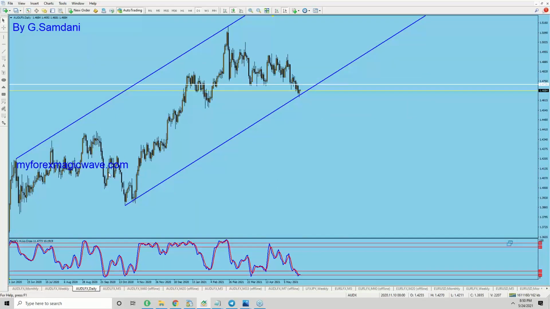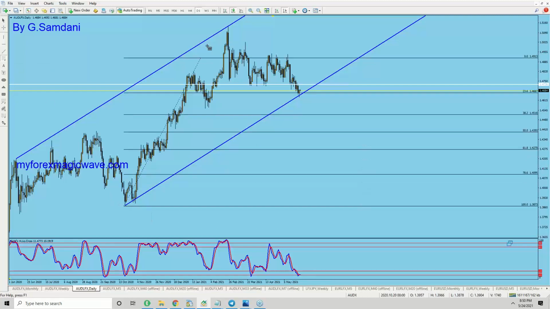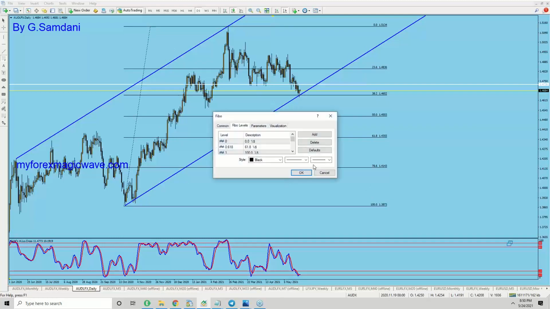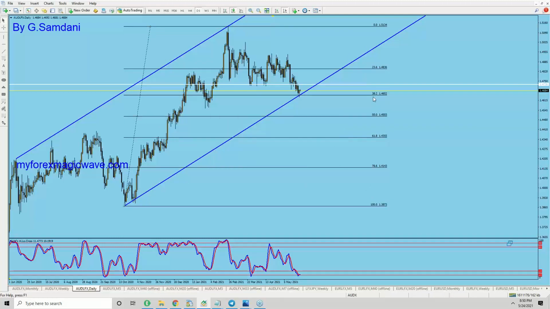Let me pull the fib from here to here. Oops, right? You see that? Exactly 38%. That is the characteristic of wave 4. And the style of this coming down, like ABCA, then ABCB, and then C, is a very clear ABC fashion, with a 38% channel hit.